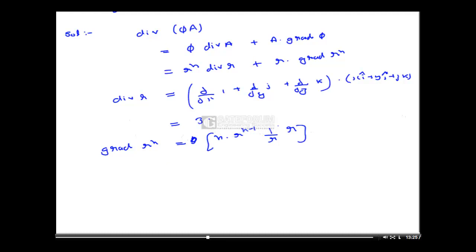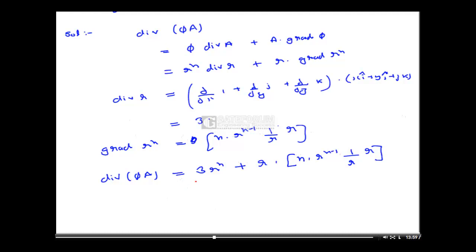Okay. So this divergence of phi a can be written as 3 r to the power n plus vector r dot n r to the power n minus 1 times 1 by scalar function r multiplied by vector r. Okay.